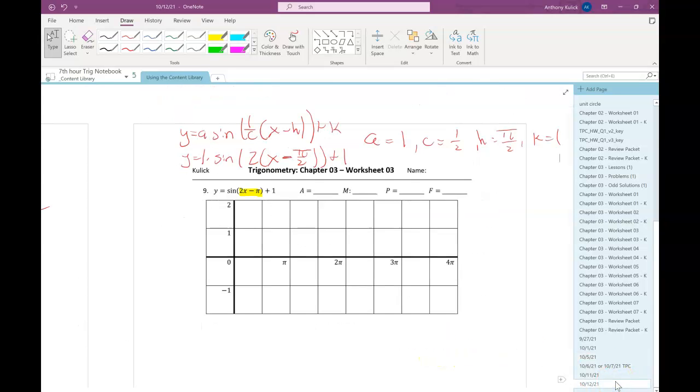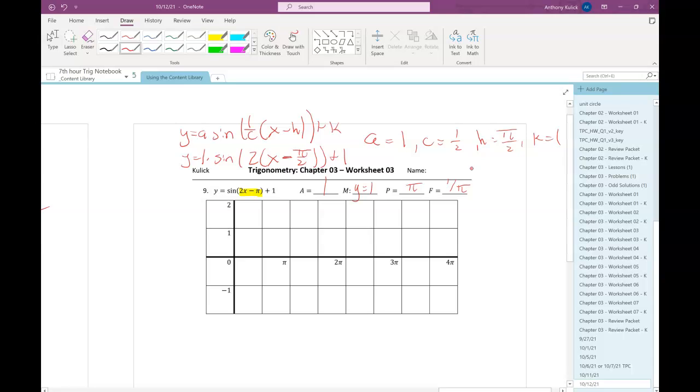So here, my amplitude is just the absolute value of 1, so 1. My midline is y equals 1. My period is 2 pi times 1 over 2, which is just going to be pi. And my frequency is the reciprocal of that, so 1 over pi.